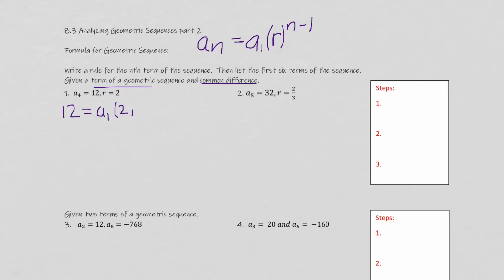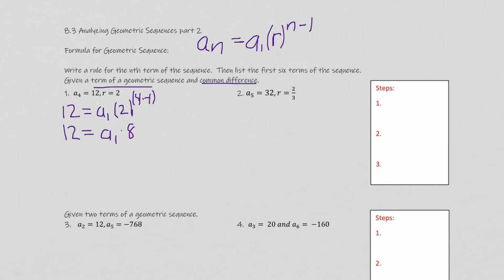In this case, we're going to have 4 minus 1 up here, and then we're just going to solve. So I'm going to have 12 equals a sub 1 times 2 to the third power, because 4 minus 1 is 3. So 2 to the third power, 2 times 2 is 4, times 2 is 8.